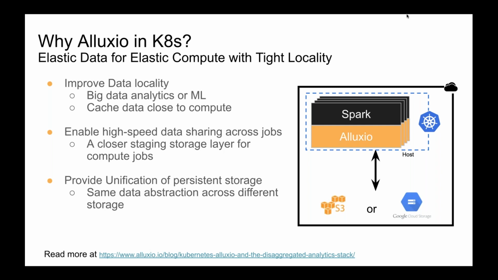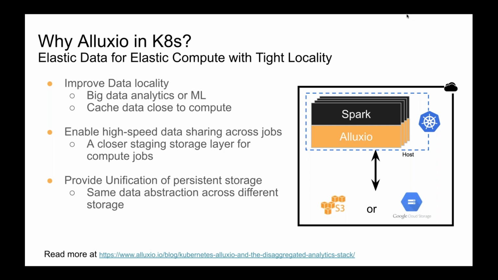You can improve data locality because Alluxio can bring the data closer to big data analytics or ML workloads. So the data can be cached, and you can cache only the hot tables or hot data sets. That's only the working set, and you don't need to bring the entirety of the data set to the Kubernetes environment.